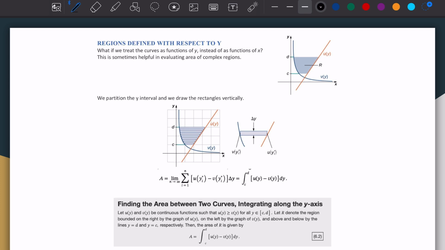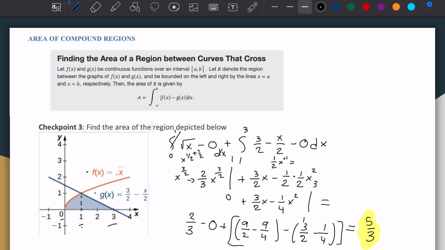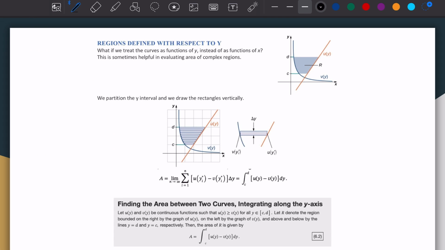Alrighty, and then on to the next part of the lesson, which will make some other graphs later on a lot easier than what we've been doing, where in this previous example we had to split them both. Now we're learning about regions defined with respect to y, using the y-axis. So we have d and c. It is essentially the same as before, except it's going to be using y's. u of y minus v of y dy, and d and c, since it'll be y values.